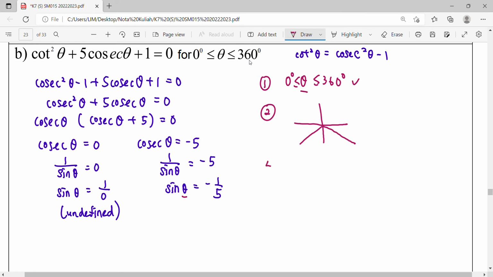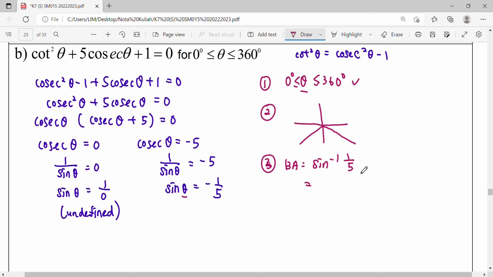Then step number 3, we find the basic angle. We move the sine to the right hand side, to the value 1 over 5. The negative we don't take, because the negative and positive sign here is for us to determine the quadrant. It's not for finding the basic angle. So the basic angle uses the positive value only.